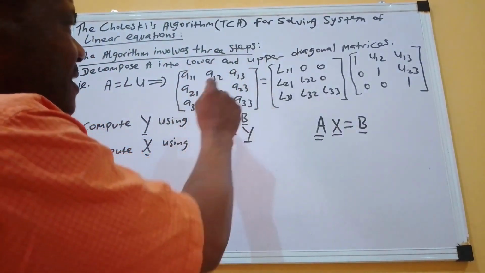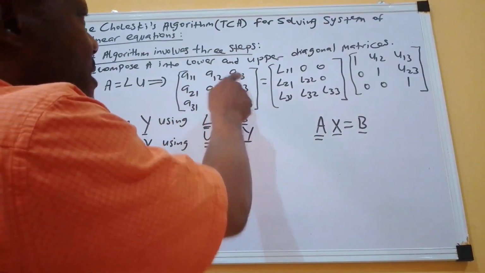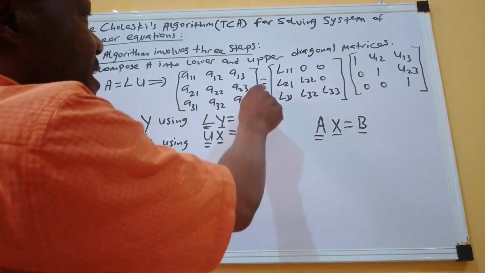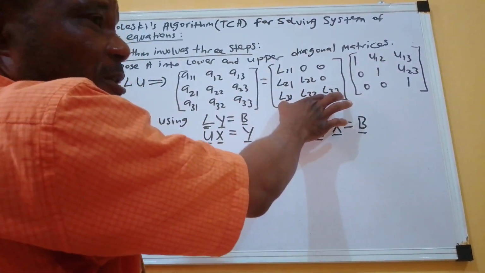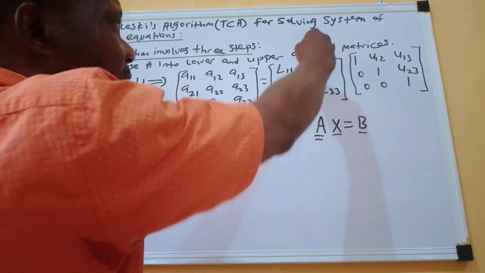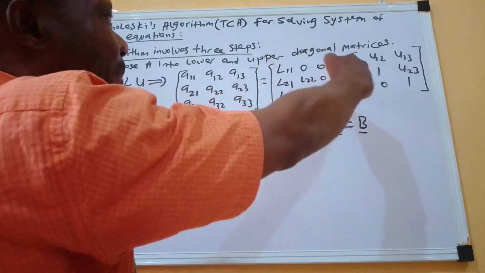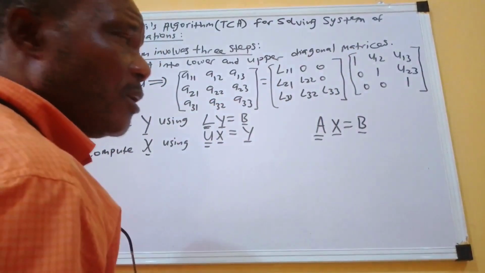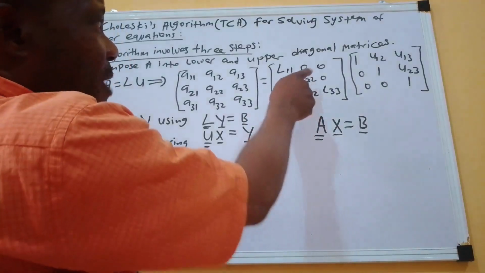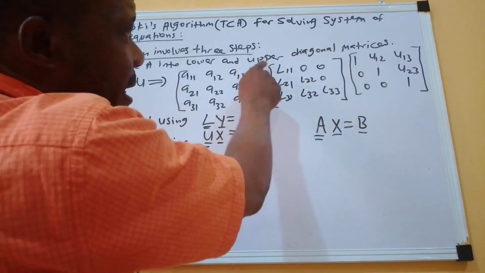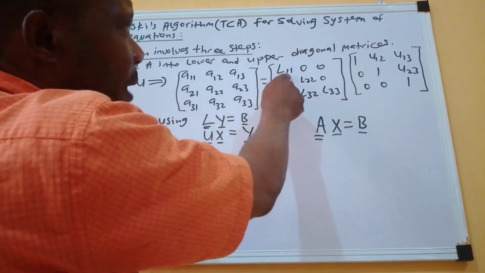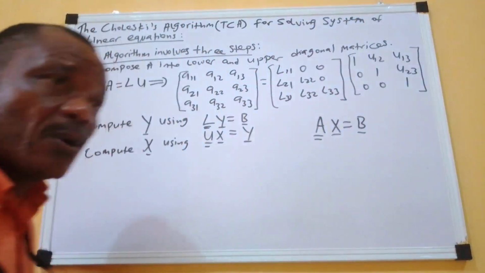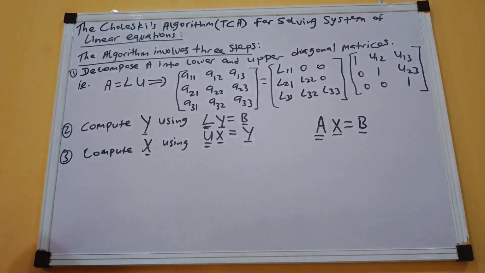This is the matrix A, A11, A12, A13, A21, A22, like that, A31, A32, A33, which is equal to the lower triangular matrix times the upper matrix. You can see the elements above the main diagonal of L will be 0. That's how you know a lower triangular matrix. You can see 0, 0, 0. These are the elements on the main diagonal L11, L22, L33. So every other element above the main diagonal will be 0. So it forms a lower triangular matrix.